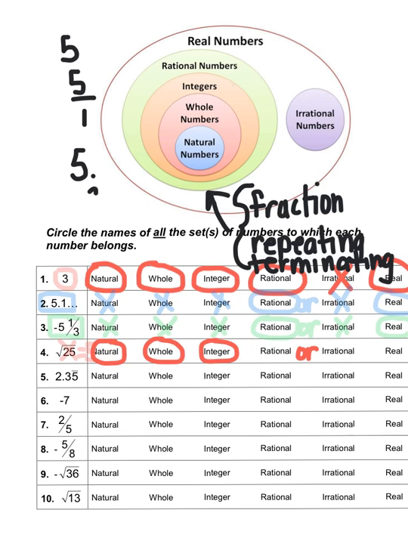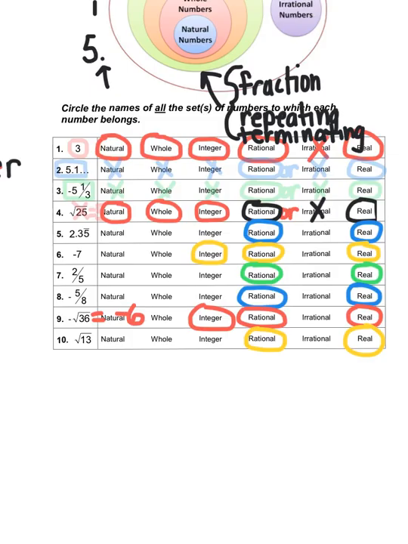Yes, it has an invisible or understood decimal right behind it, and that is terminating. So therefore, 5, or the square root of 25, is a rational number. It's not irrational, and it belongs to the set of real numbers. Please pause the video here and complete the rest of the chart on your own. This concludes today's lesson.